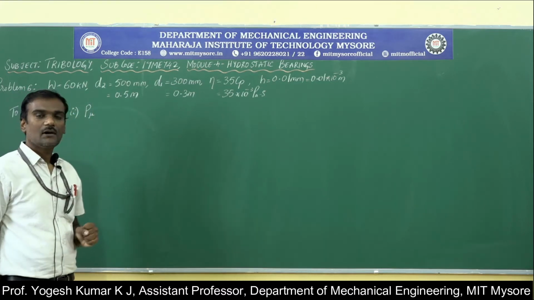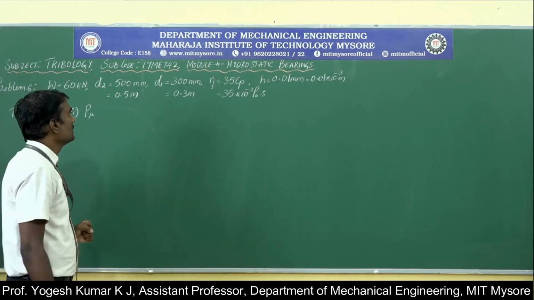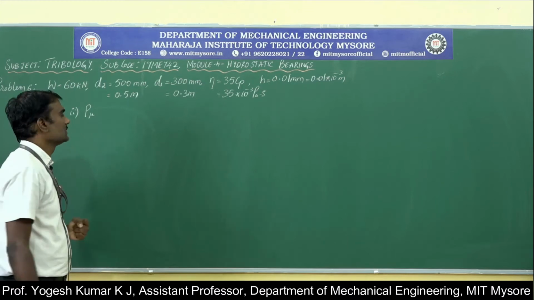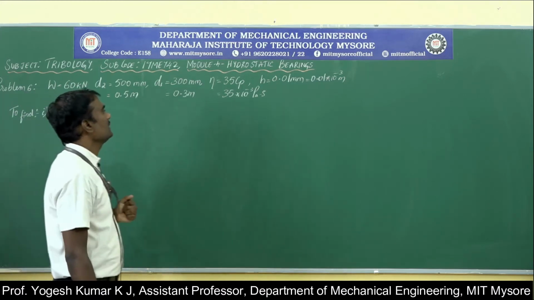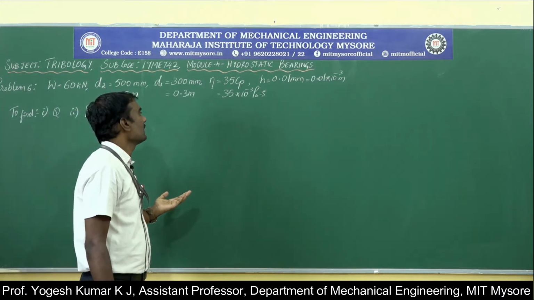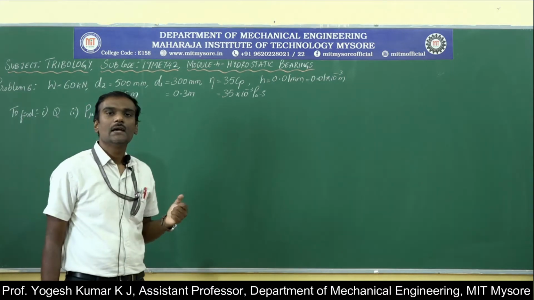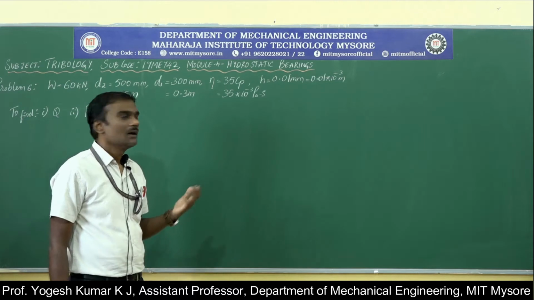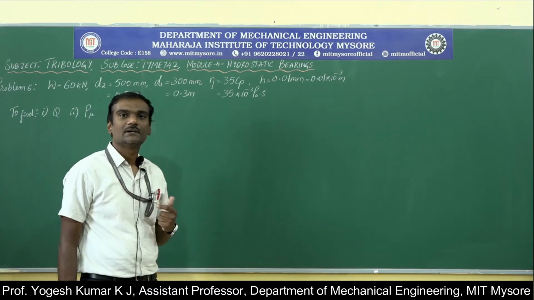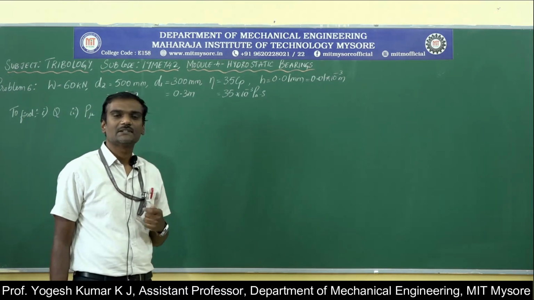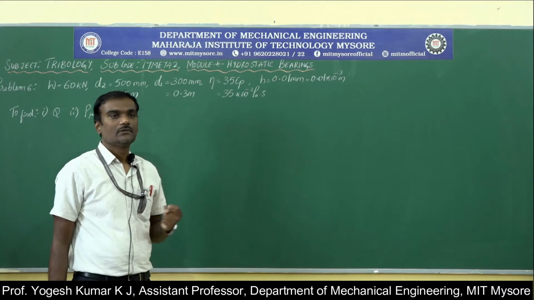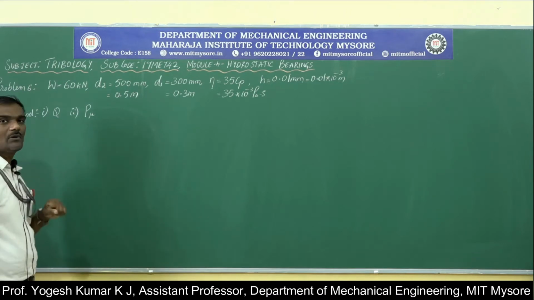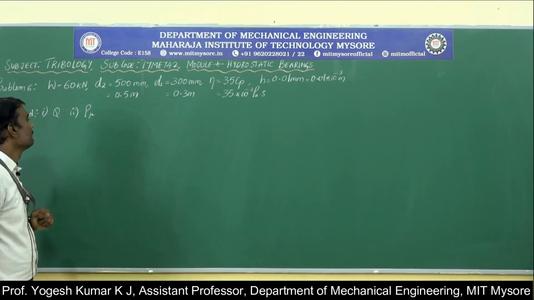Diameter of the pocket D1 equals 300 mm, which is nothing but 0.3 meters. Viscosity 35 cp, which can be taken as 35 into 10 power minus 3 Pascal seconds. Oil film thickness is 0.01 mm, which we have converted into meters as 0.01 into 10 power minus 3 meters. They have asked us to find out the rate of oil flow, that is Q, and the power loss due to viscous friction.